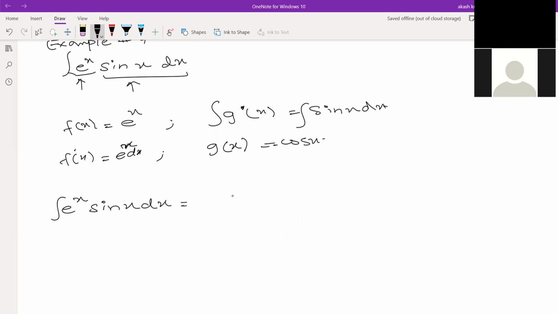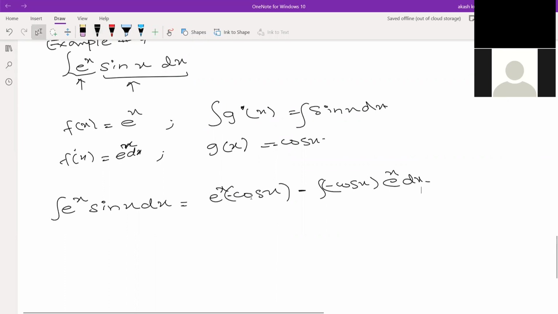f of x is e^x, and then we have g of x, which is minus cosine x, minus the integral of g of x, which is minus cos x, times f dash of x, which is e^x dx.